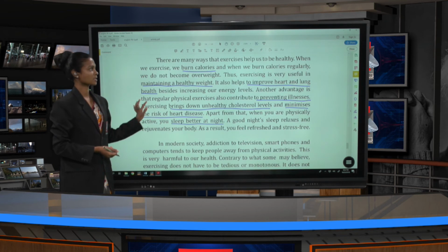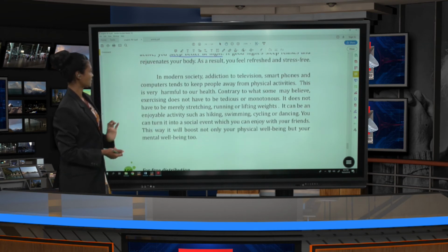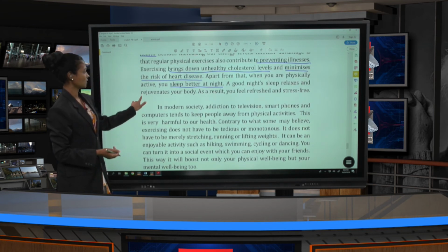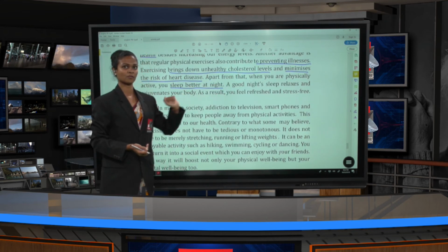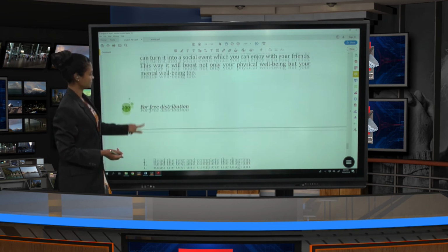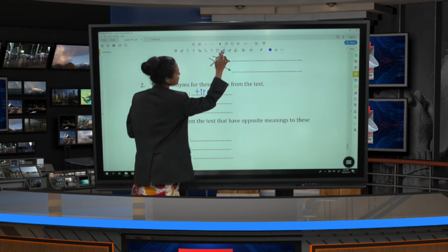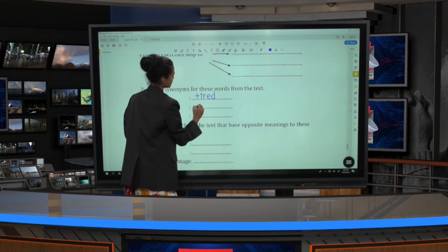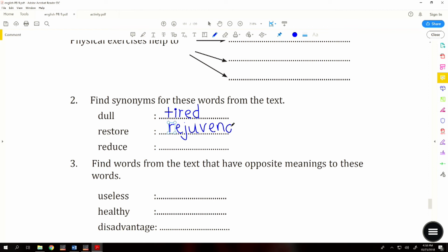Reduce means minimize. You can find rejuvenate in the second paragraph, and minimize also in the second paragraph.